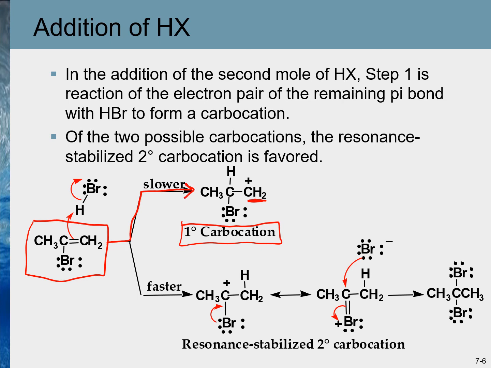On the other hand, the second possibility is that the carbocation forms on the number 2 carbon. In this case, we will get a secondary carbocation, and we know that secondary carbocation is more stable than primary, but there is an additional stability factor also. The presence of a bromo group on the carbocation carbon will enable it to form a resonance structure.